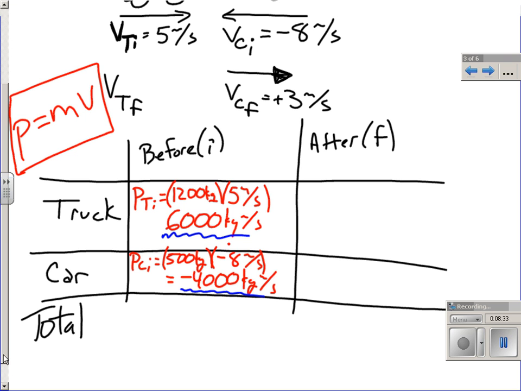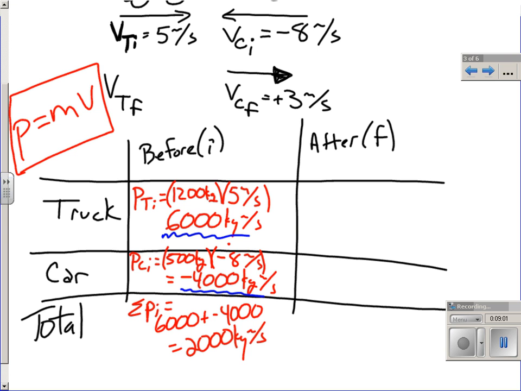So our total momentum initially is 6,000 from the truck plus -4,000 from the car, which gives us 2,000 kilogram meters per second. That's our total momentum before the collision. All right? So what conservation of momentum says is that our total after the collision also has to be 2,000. Okay?